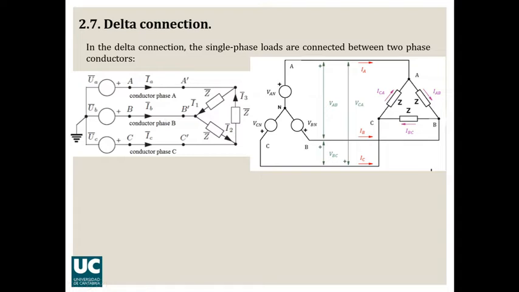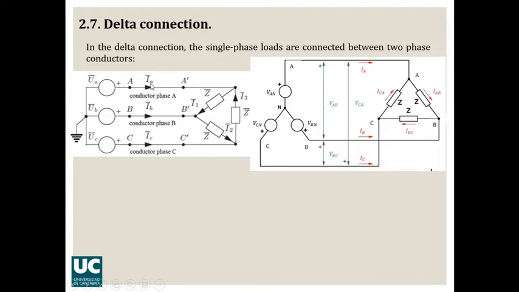The consequence of that is that the line currents IA, IB, and IC do not coincide with the phase currents I1, I2, and I3. They do not coincide anymore, because here you can think about this node.